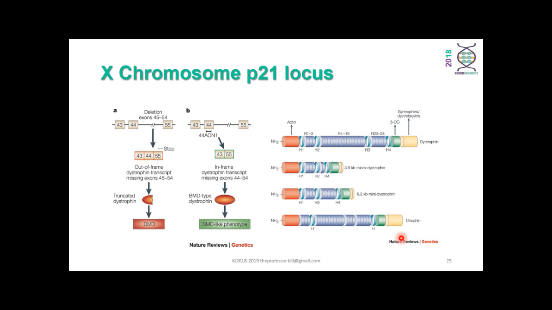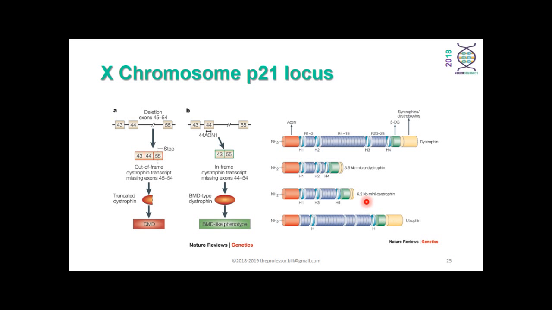So one of the things that we think, and one of the most common forms of Duchenne's muscular dystrophy, if we're looking at the X chromosome, and the X chromosome having both the long arm and the short arm being the P arm, if we're looking at the 21 band or the P21 locus on the X chromosome, this is usually where we find some kind of mutation associated with Duchenne's.